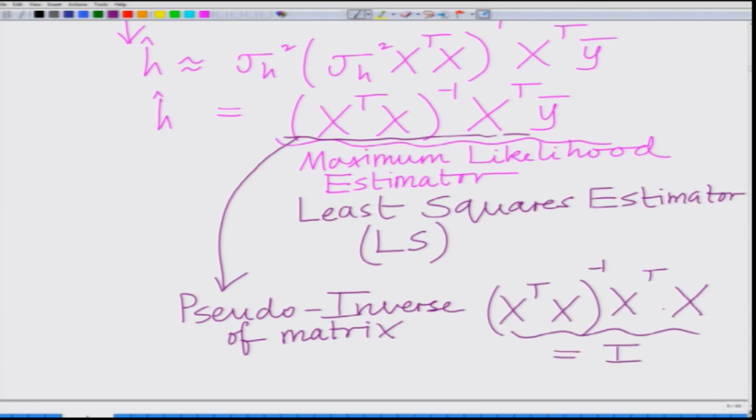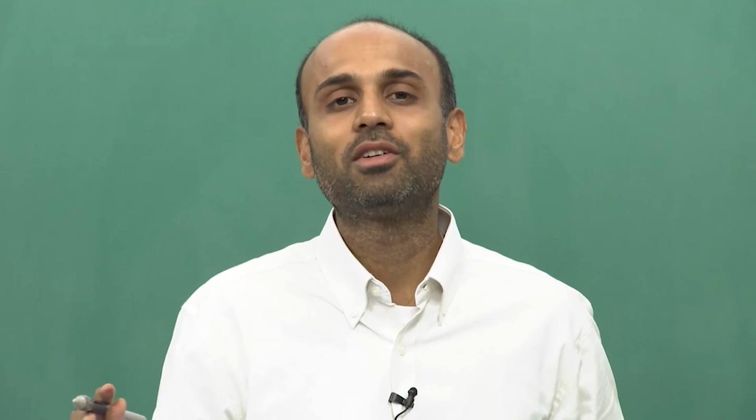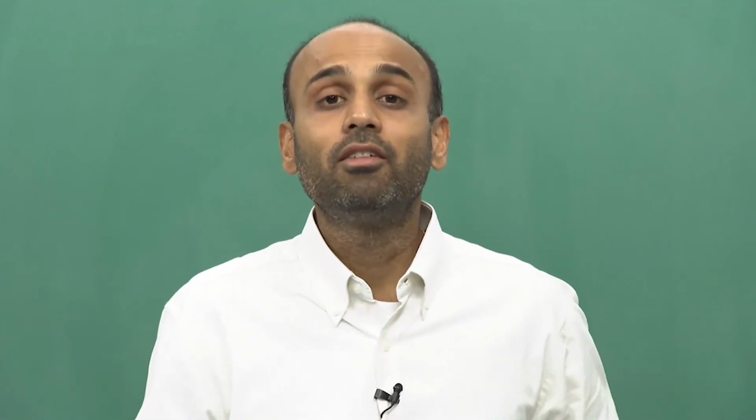So, x transpose x inverse x transpose is the pseudo inverse of x, it is also the left inverse of x, because if you multiply it on the left of x, you get the identity matrix, even though x might not be an invertible matrix, because n is greater than or equal to m.